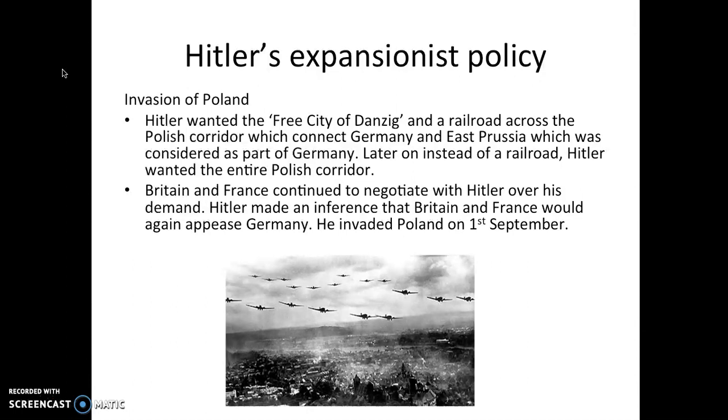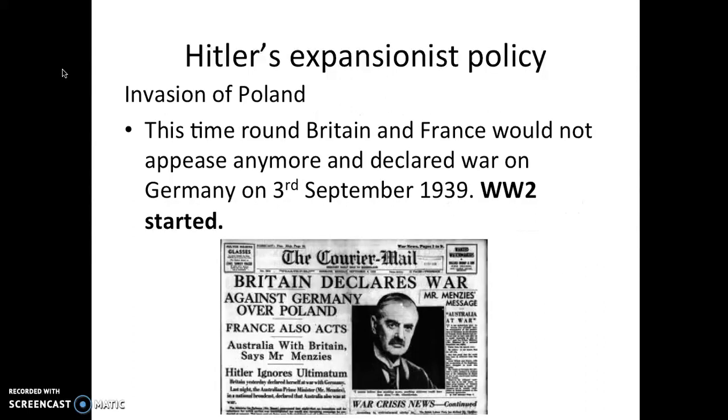So Britain and France still wanted to negotiate with Hitler over his demands. However, Hitler thought that Britain and France would not go to war with him over this. He thought that Britain and France would want to continue to appease Germany. He invaded Poland on the 1st September 1939, and this time around war was declared on Germany.